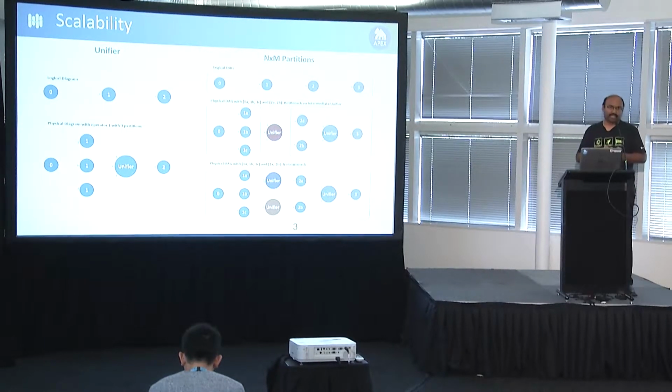So a unifier is just another operator, but an operator developer can specify the unifier logic. The unifier logic would most probably depend on the logic of the operator. So if your operator is doing an average, you may want to send an average and a count downstream so that the unifier takes the intermediate averages and counts and computes the final average.